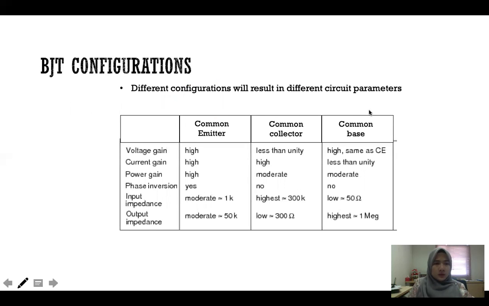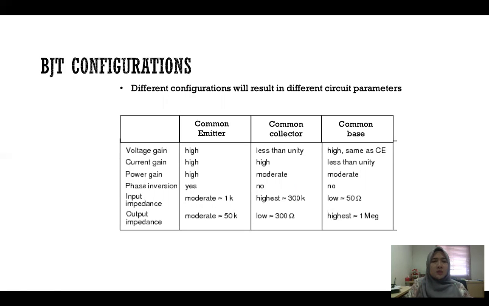Next is a table to show you that different configurations will result in different circuit parameters. Basically for a BJT, we have 3 configurations that we will learn further in the next slide.